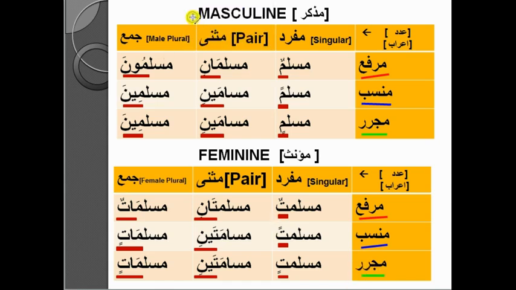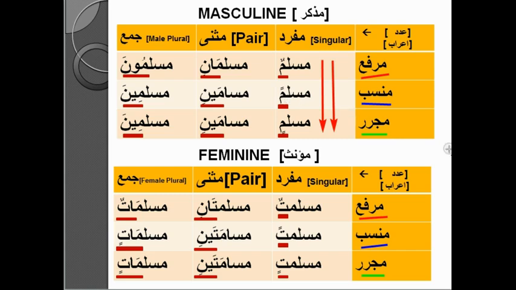So, you see the word Muslim is common in everything. So what is the difference? And of course, you will have to go from up to down, not this way, okay? That's incorrect. You'll have to go downwards. So Muslimun, Musliman, Muslimin. Singular marfu Muslimun. Singular mansub Musliman.